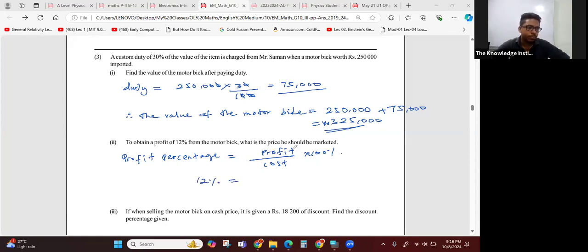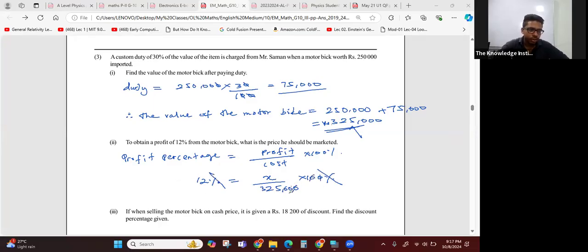So, the profit we don't know, let us take it as x. The total cost he has to bear to buy this bike is 325,000, into 100%. So this percentage mark cancels with this percentage mark.